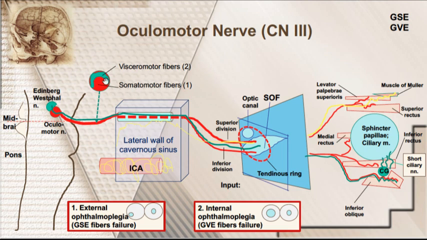If the oculomotor nerve experiences some pressure from above, that may be by a herniation of the temporal lobe or a tumor, the parasympathetic fibers suffer first, and such a patient will have paralysis of accommodation and a dilated pupil on the site of lesion. The sign is known as internal ophthalmoplegia because the ciliary and sphincter pupillae muscles are supplied by these fibers.